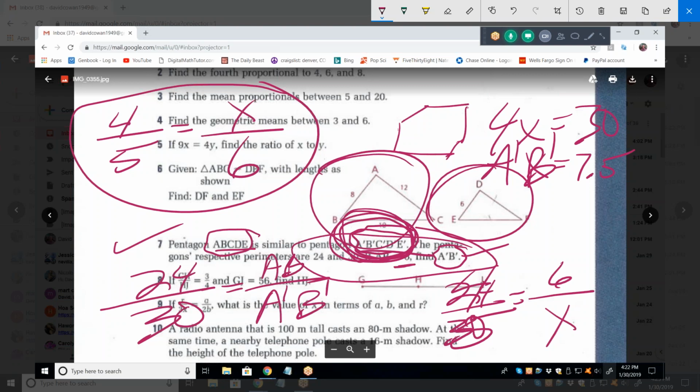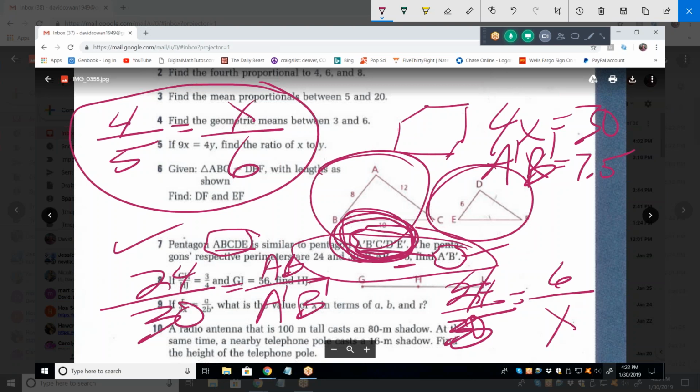Okay? So that's an important mistake you made. I'm glad you made it, because it teaches you how to make sure you don't make those mistakes. That's a really, really easy mistake to make. The only thing you have to focus on is make sure you're going from little to big in both cases, or big to little in both cases.